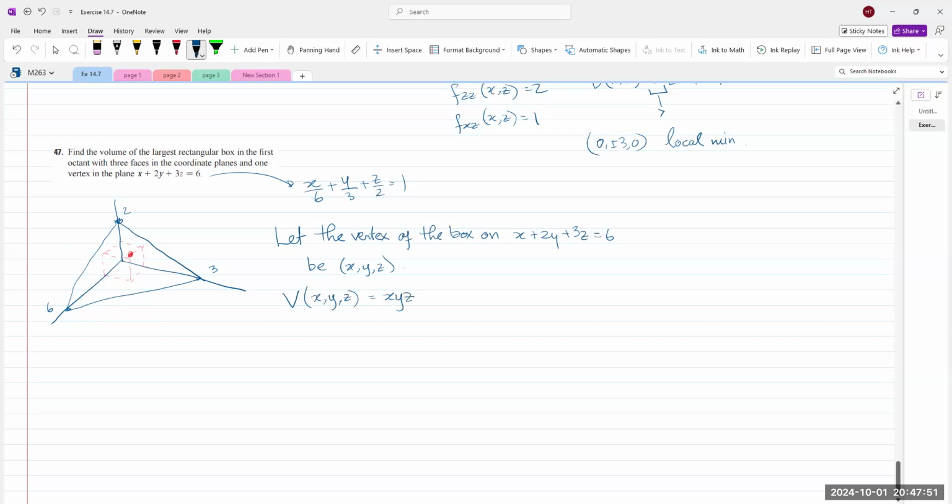Is it right? If we want to rewrite that as a function of y and z only, then we replace the x by 6 minus something, which gives 6yz minus 2y squared z minus 3yz squared.